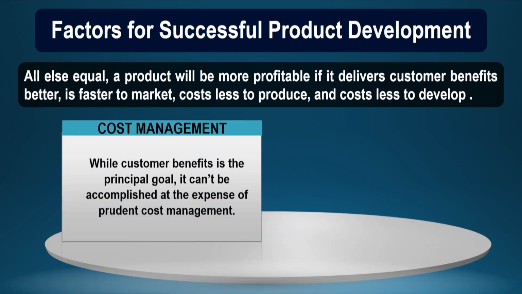So cost management, while customer benefits: we have to look that the cost of a new product needs to be managed in a way where the company profits and the financials are not affected. That is the primary concern of any organization, which will always look into it that the new product they are developing or putting money into developing has to be commercially viable and give the returns on them.